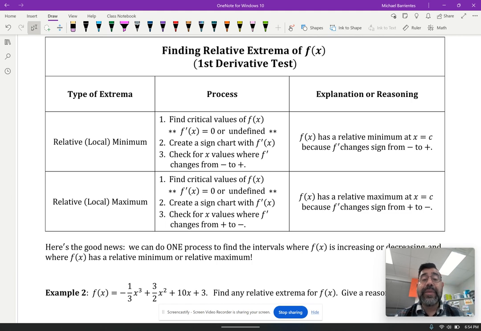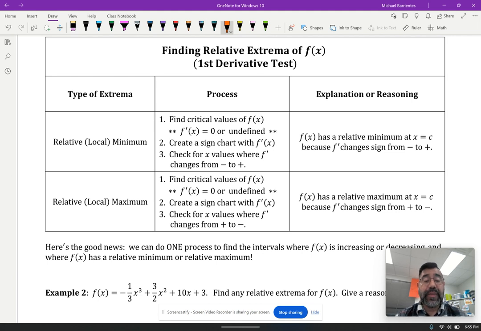Because if we go from negative to positive, that's going to create a dip. That's a minimum. We justify that by writing a statement that says the function f of x, or whatever the name of the function is, has a relative minimum at x equals whatever the value is, because the derivative changes sign from negative to positive.